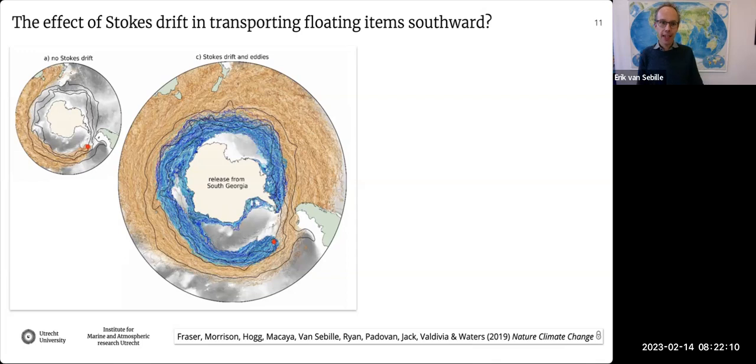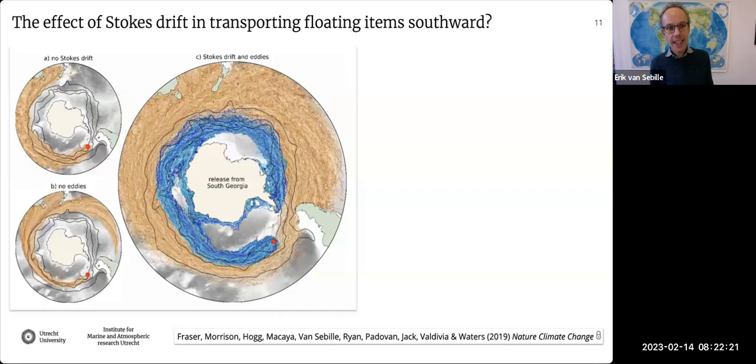Interestingly, by the way, if she ran the same model with monthly average flow fields, essentially suppressing the eddy kinetic energy, but with the Stokes drift, then again none of the particles came even close to Antarctica.